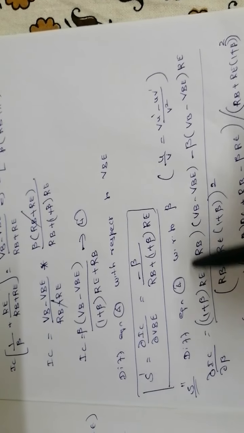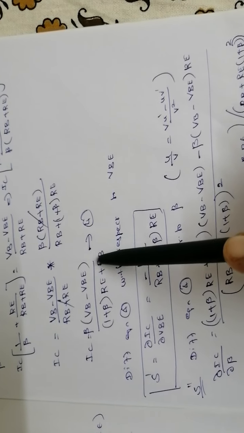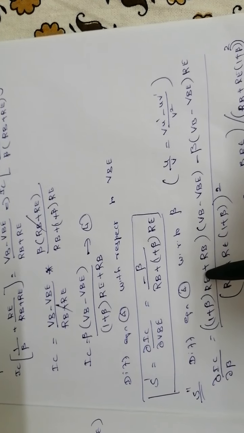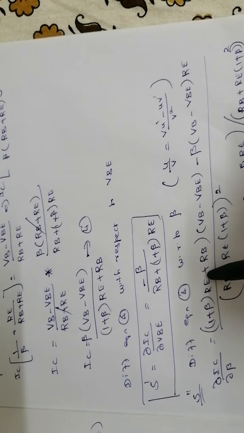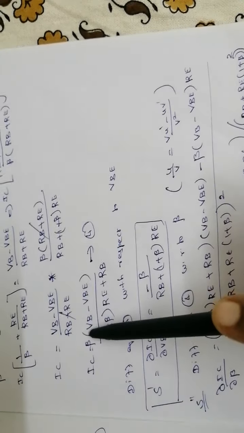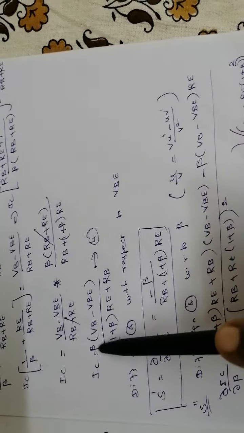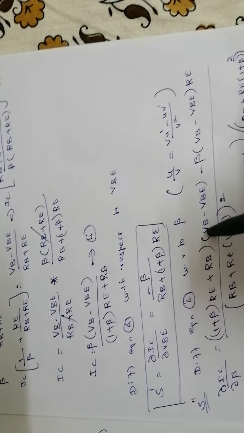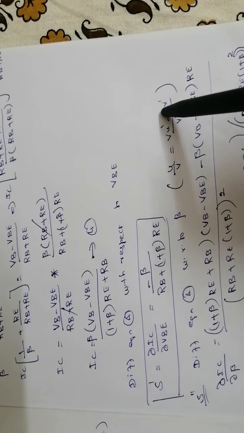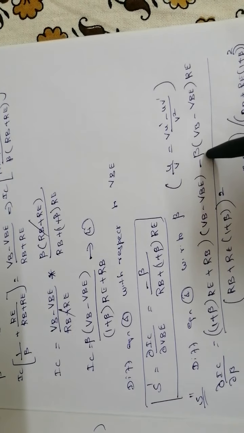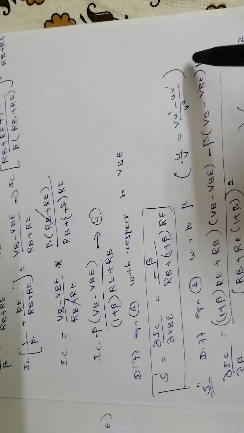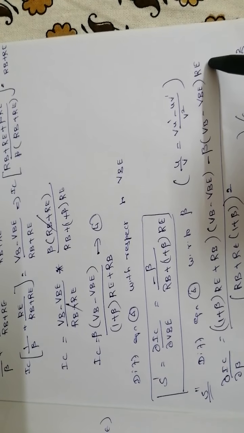So first we keep V, the denominator, as it is, and differentiate the numerator term. The numerator term is beta into VB minus VBE. So we differentiate this term, beta becomes 1. So we get VB minus VBE, minus next, U, the numerator term, we keep the same and differentiate the denominator term with respect to beta.